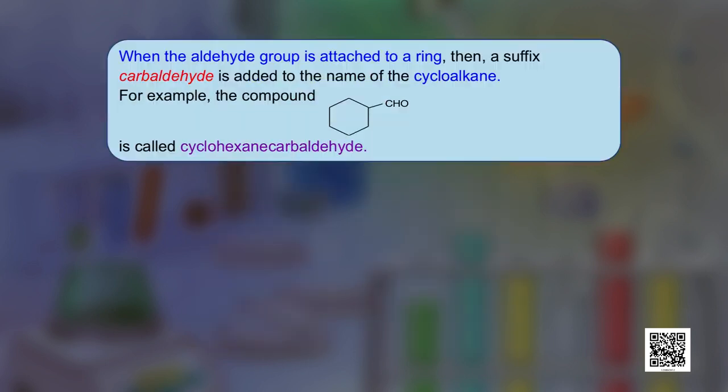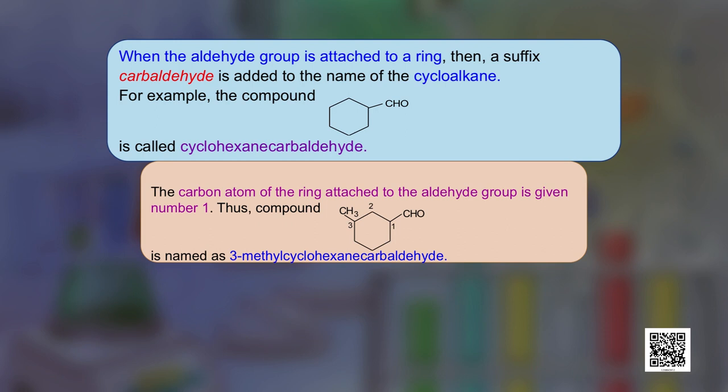When the aldehyde group is attached to a ring, then a suffix carbaldehyde is added to the name of the cycloalkane. For example, the compound given below is called cyclohexane carbaldehyde. The carbon atom of the ring attached to the aldehyde group is given the number 1.